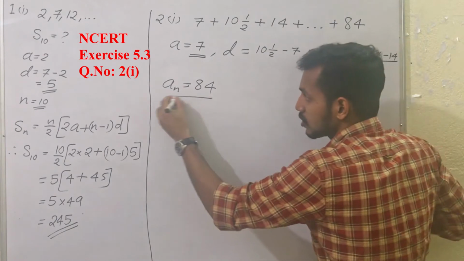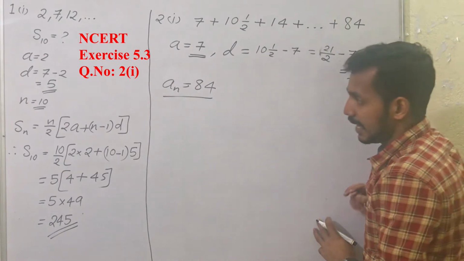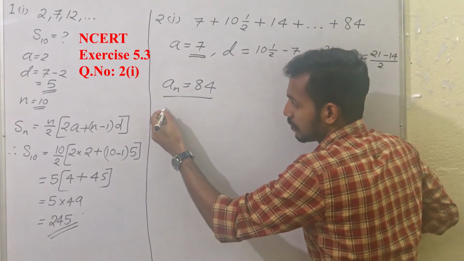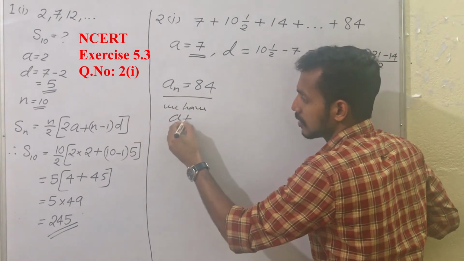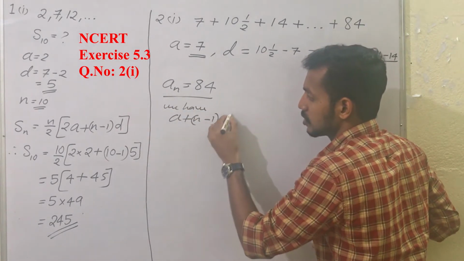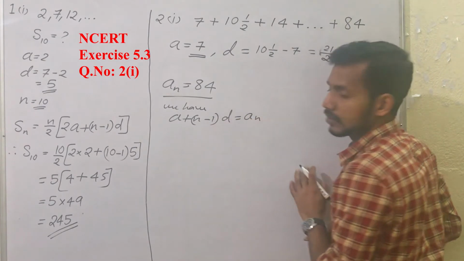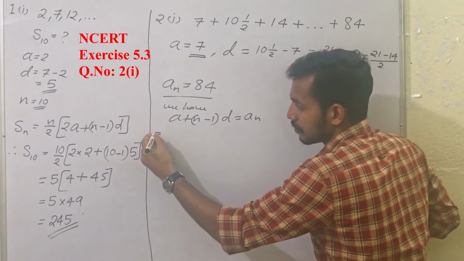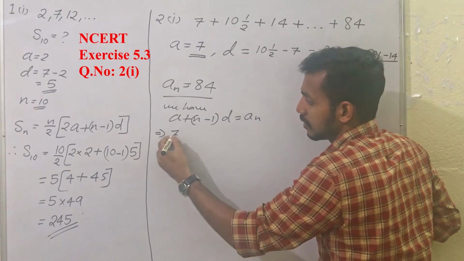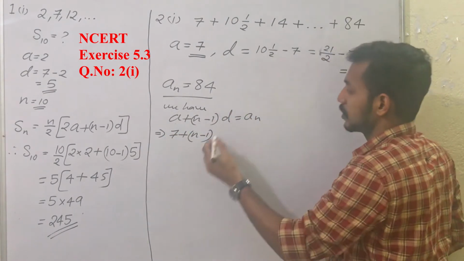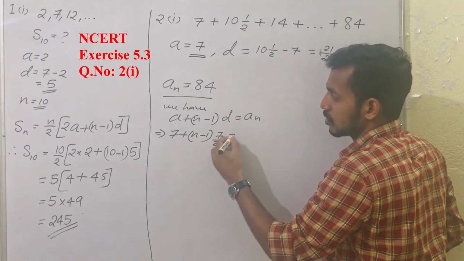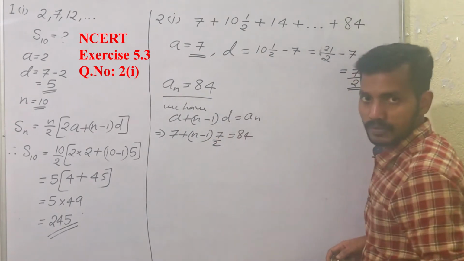For that we can use the formula for an: an is equal to a plus (n minus 1) into d. That implies 7 plus (n minus 1) into 7 by 2 is equal to 84.